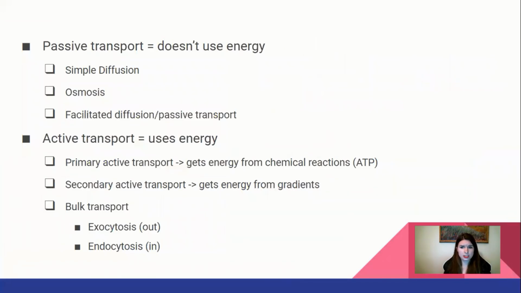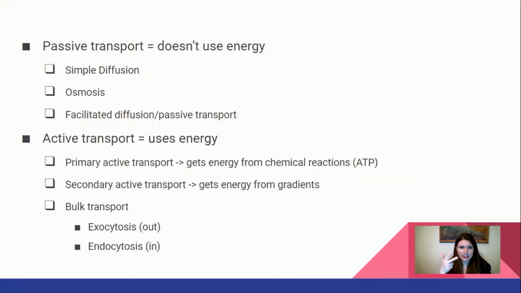This slide is just a summary slide of the different types of transport you're responsible for knowing. So far we've gone through passive transport. We had 3 types. Simple diffusion, which is directly across the cell membrane. Osmosis, where water moves instead of our solute, because the solute can't get across the membrane.